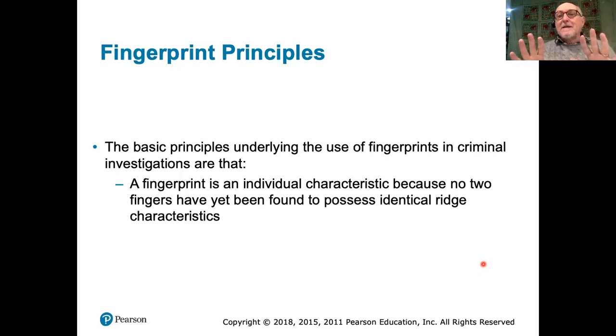The reason for that is that when the fingerprints are developing, as the fetus develops in the uterus, the distribution of the ridges and patterns is determined by very small things, like whether the fetus presses its fingers up against the membranes that surround it, or if it's got its hand curled.